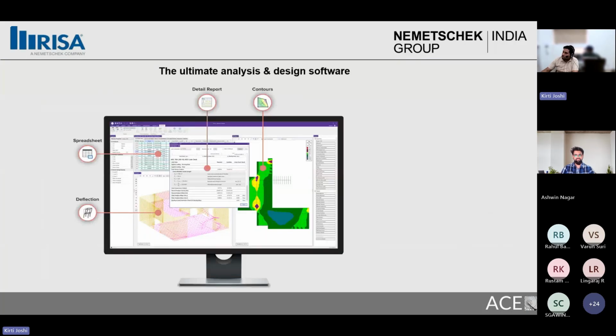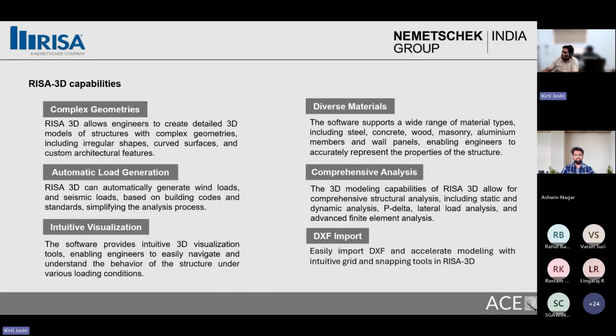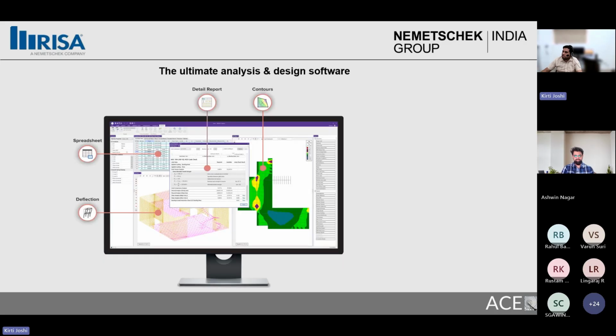Also, the software can handle moving loads, including the driving loads of cranes, and it automatically generates and applies the wind and seismic load, and it can also create code-based or custom load combinations. RISA 3D supports a wide range of design codes.